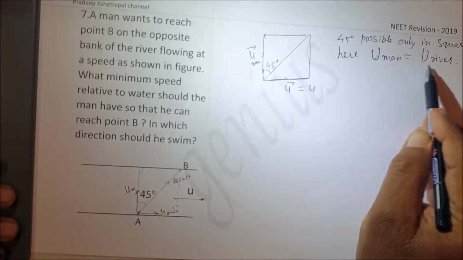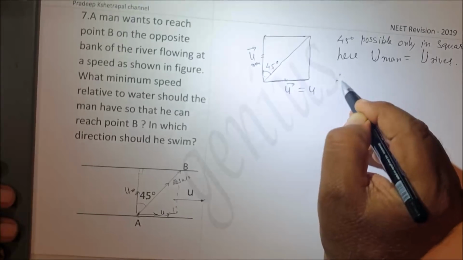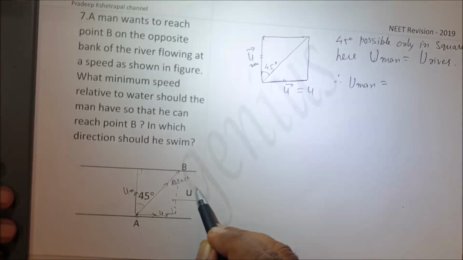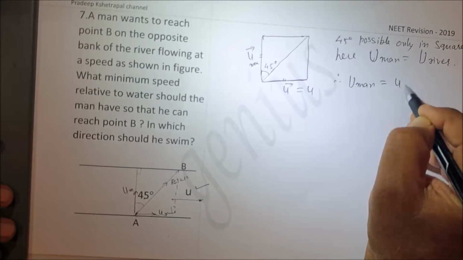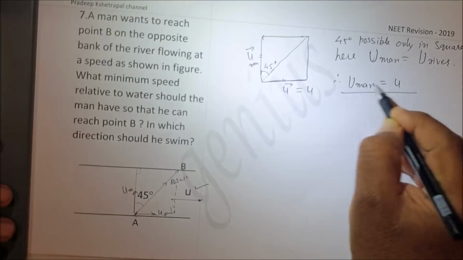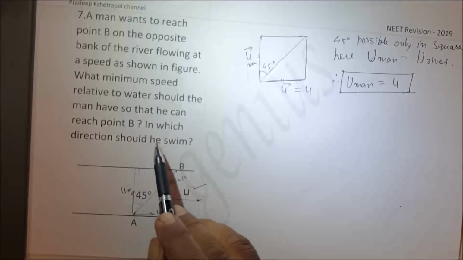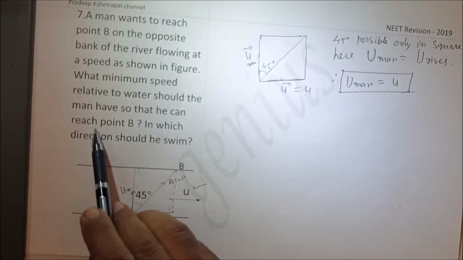So U man is equal to U river. Therefore, what is the velocity of the man? It is U that is given. So this is the velocity with which he can reach the point.